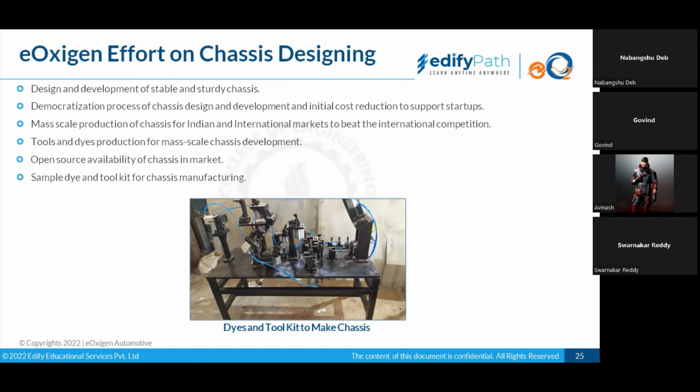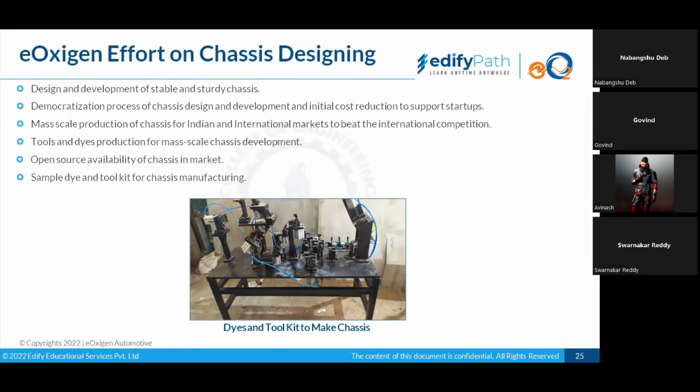So we are not only working on manufacturing a universal chassis, but we also have some patented designs with us, which we are developing for two-wheelers, bikes, and also scooty types of models.